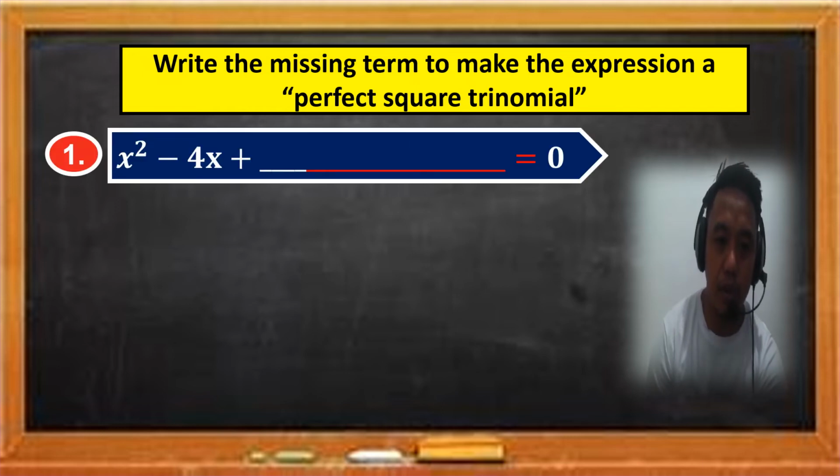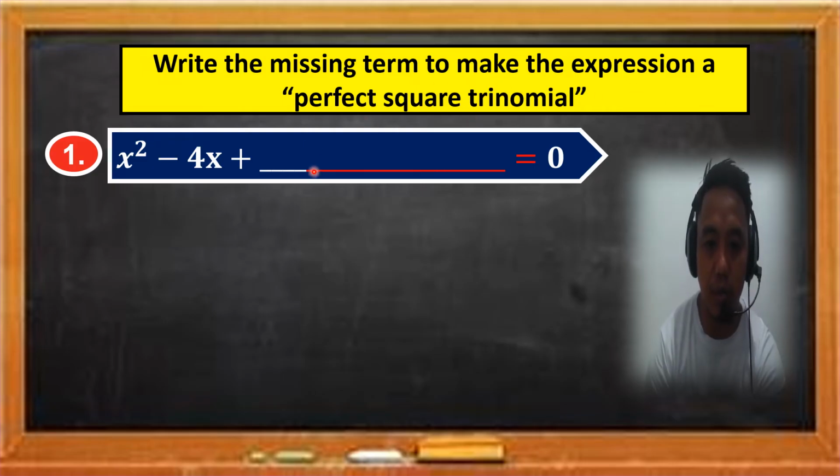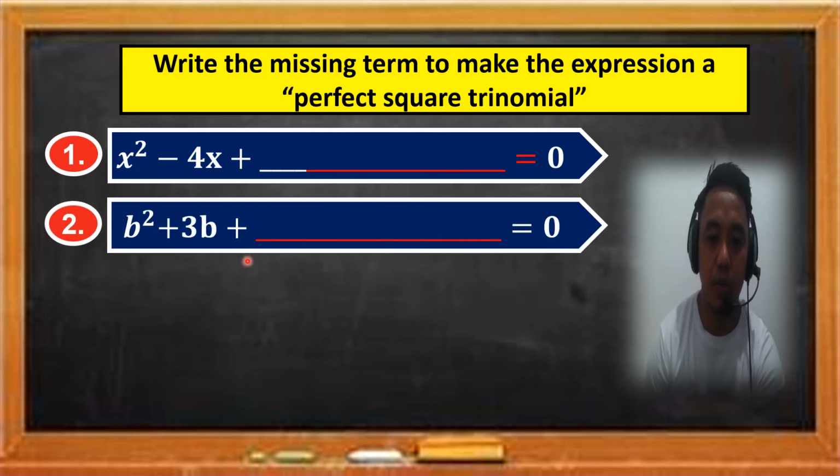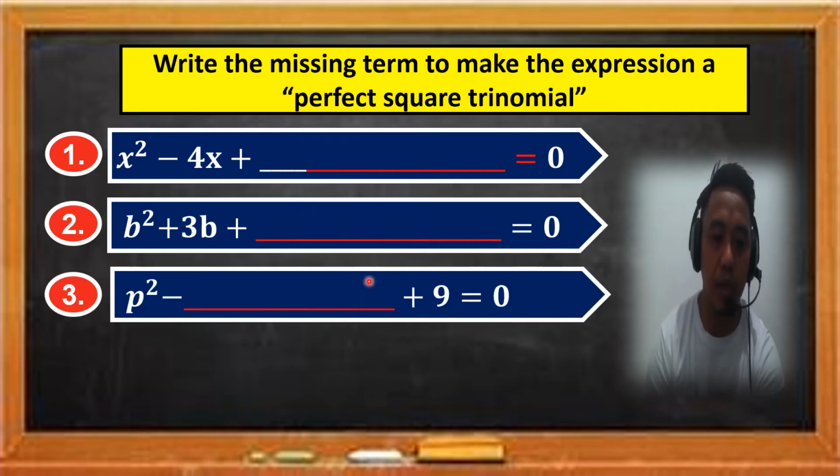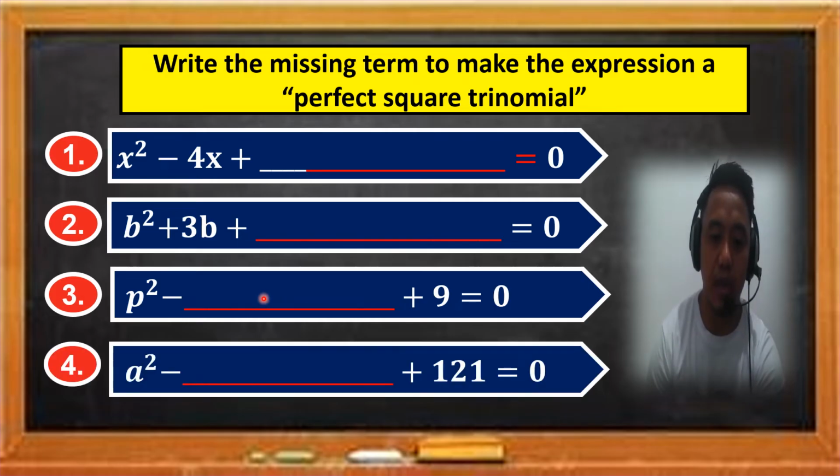Okay, number 1, x squared minus, ang gagawin lang natin, write the missing term to make the expression a perfect square trinomial. So, ano ba yung pwedeng i-add natin dito? Number 2, i-add diyan to make this one a perfect square trinomial. And then, ano yung dapat na nasa gitna para yan ay maging perfect square trinomial. Okay? So, ito yung inyong assignment.